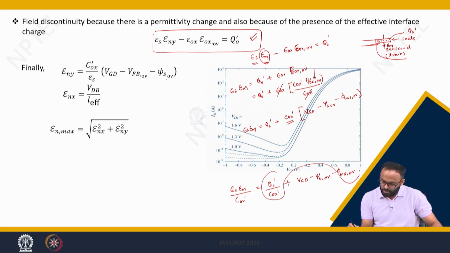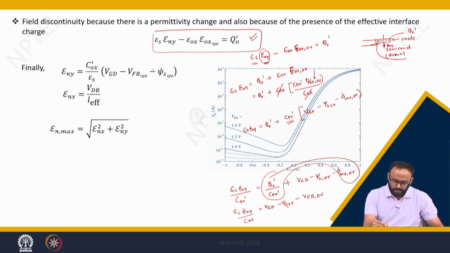This quantity is known and can be represented as the flat band voltage. So, VGD minus psi S overlap minus V flat band of overlap. If we are interested in E n y, we can simply calculate it like this. So, E n y is the vertical field in this region.